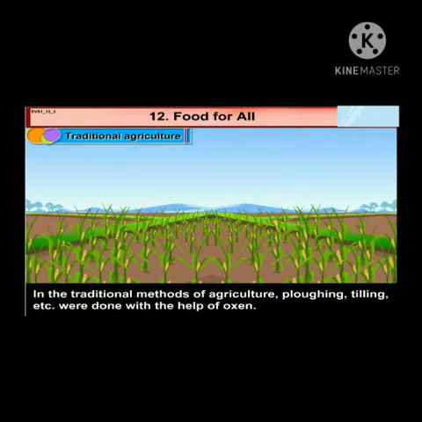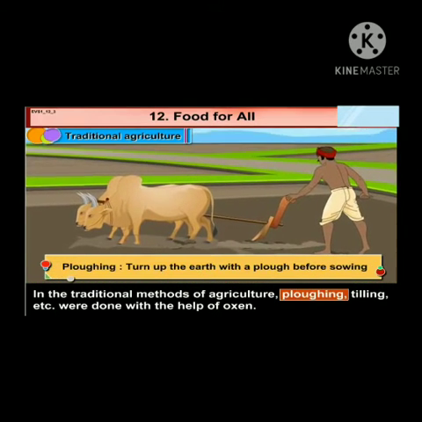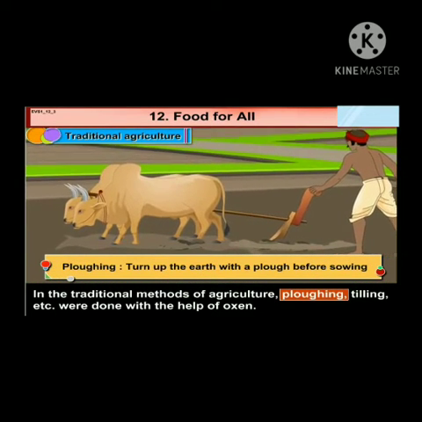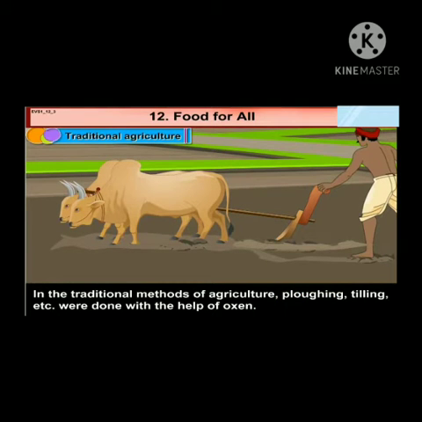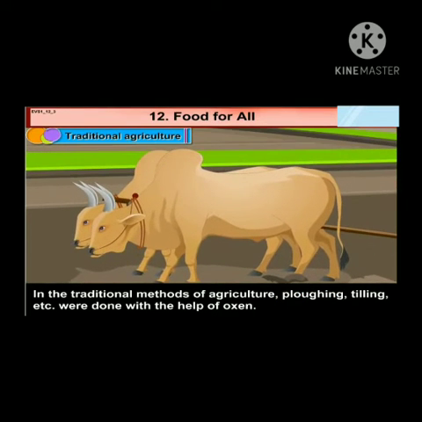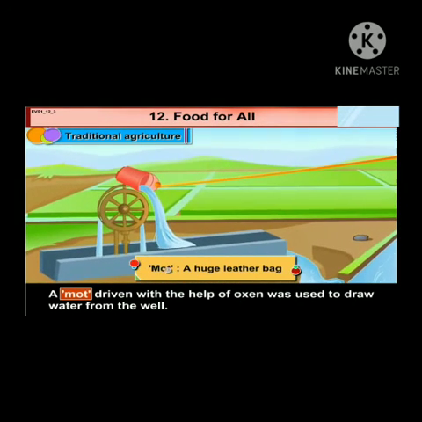Now, we will see traditional agriculture. In this, ploughing, tilling, and so on. What does ploughing mean? Turn up the earth with a plough before sowing. Tilling, etc., were done with the help of oxen, plural of ox. A mott, what is a mott?